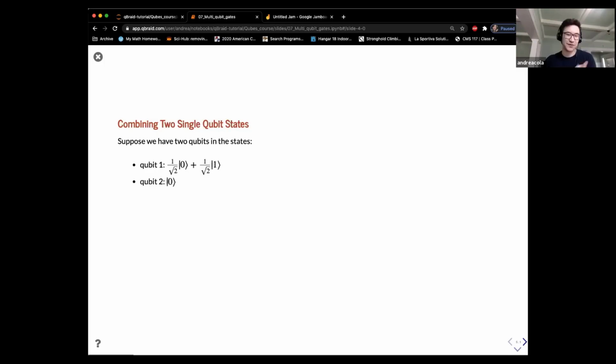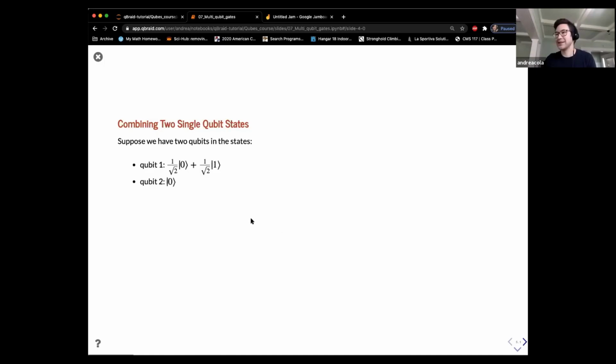Before we said, states of 2 qubits are superpositions over the 4 standard basis elements. So now I give you qubit 1 and qubit 2, and I tell you what state they're in. What is the global state of the 2 qubits? Anyone have a guess?